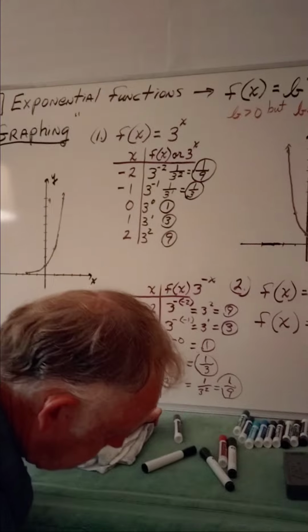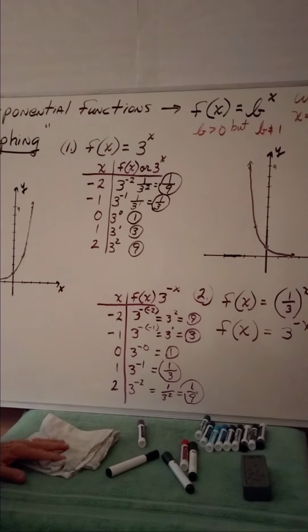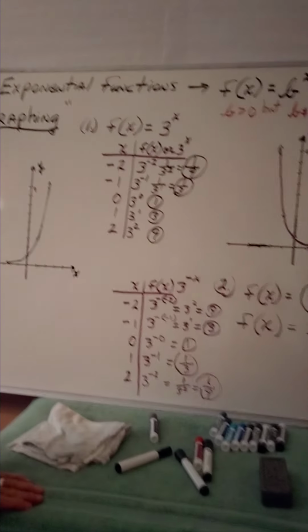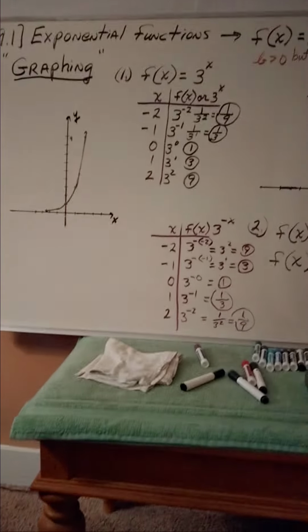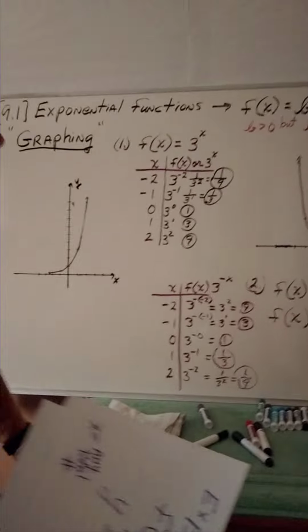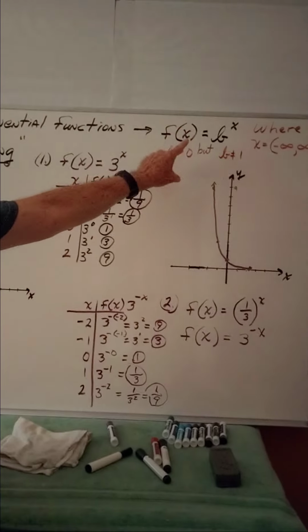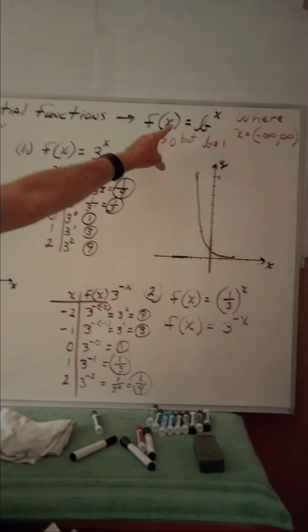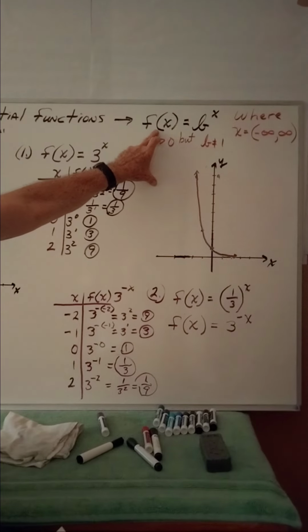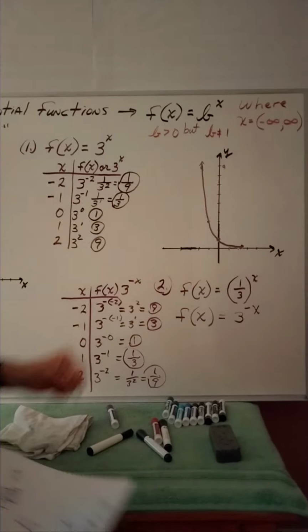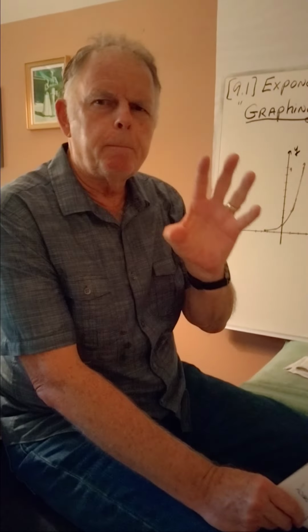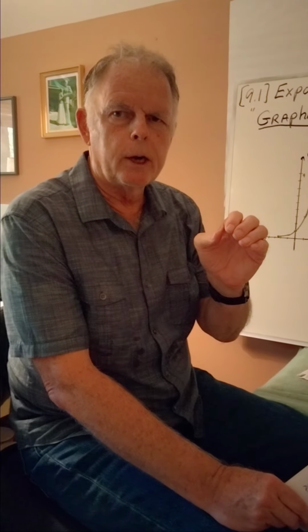Now, I want to stop for a moment after doing those two graphs, and I want to point out some of the key characteristics about the standard form of an exponential function, f of x is equal to b to the x. I want to be very clear before we show you these characteristics.